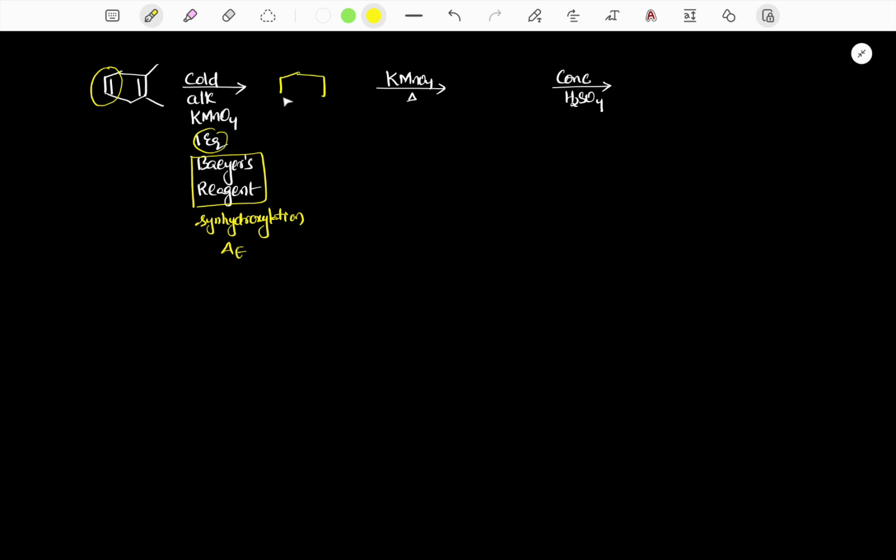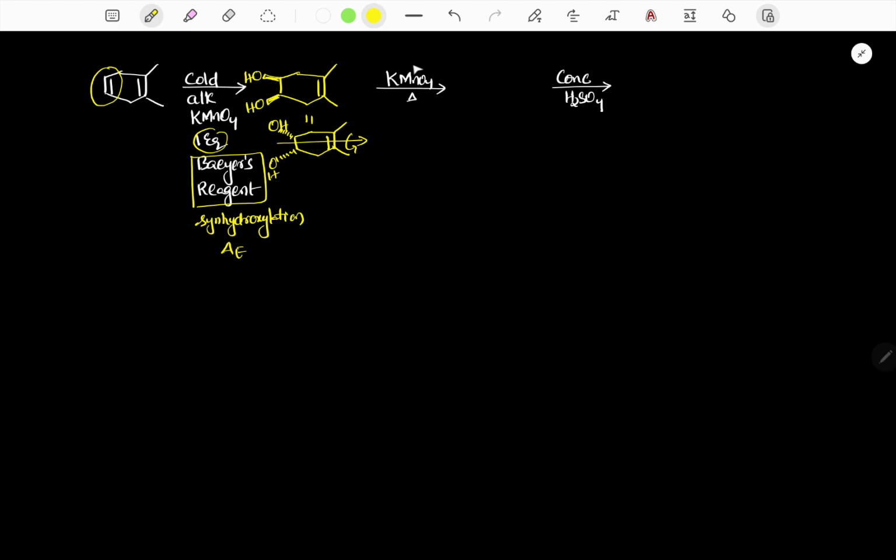Therefore, the corresponding product has OH above the plane and OH below the plane. Suppose if I add excess, the other alkene will also react, but here I have mentioned one equivalent. Now, of course, about the sigma bond, if we rotate, both compounds are the same.